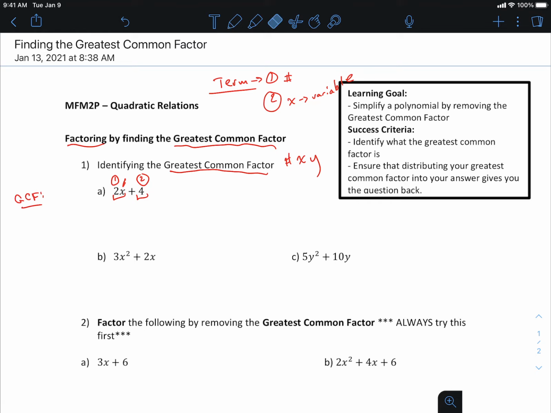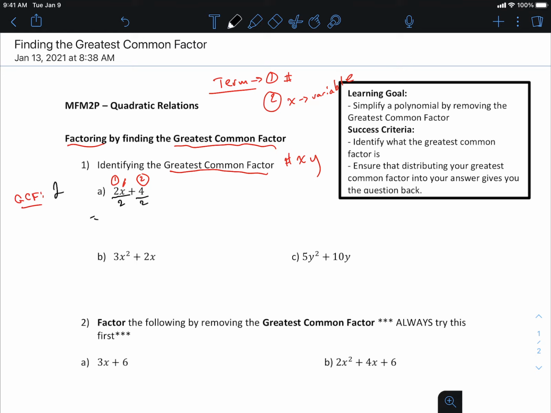What number is it? Looking at the two terms, what could I divide both of them by? Both of those are divisible by 2, and 2 would be the biggest thing that you could divide both of them by. So the greatest common factor for this question is 2.